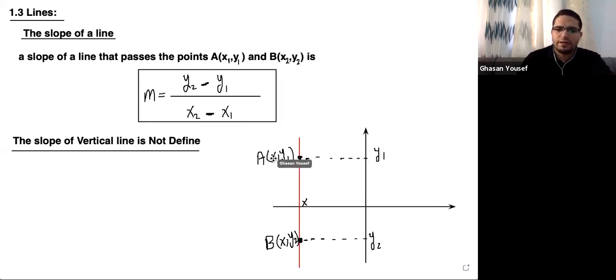Both of the points have the same x coordinate, so I can use the formula for the slope, m equal to the difference y2 minus y1 over x2 minus x1.